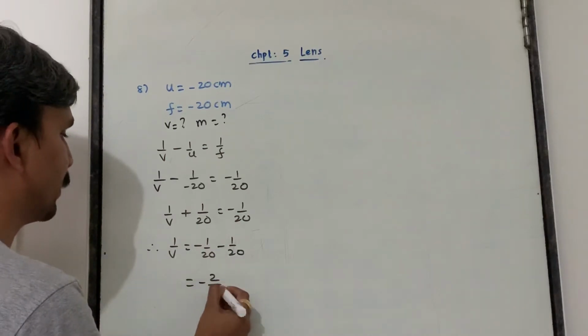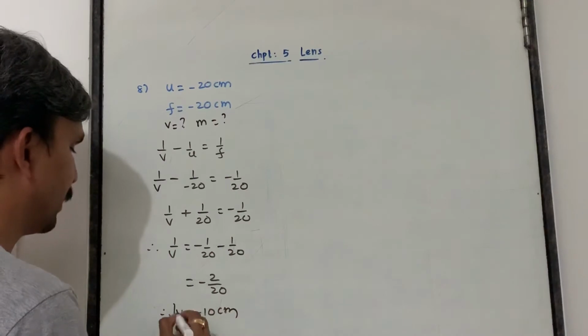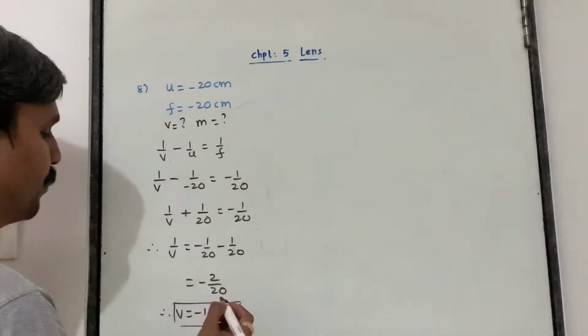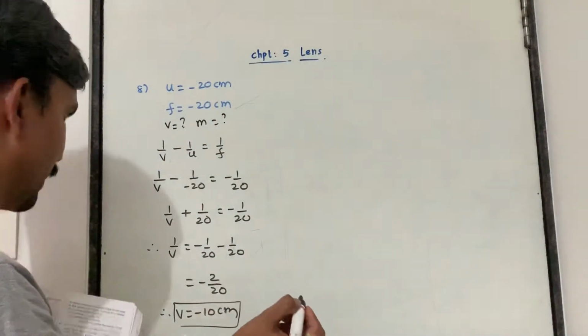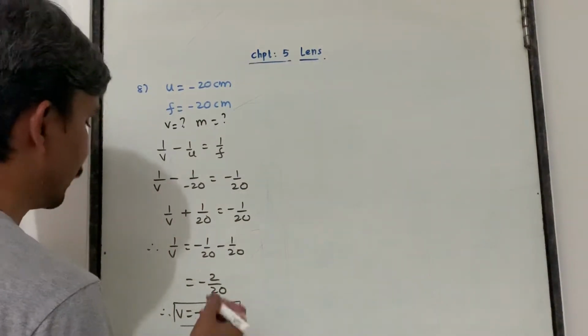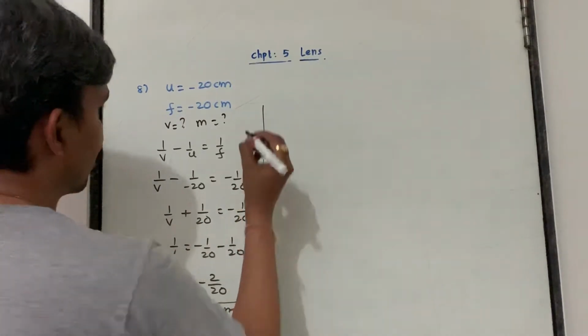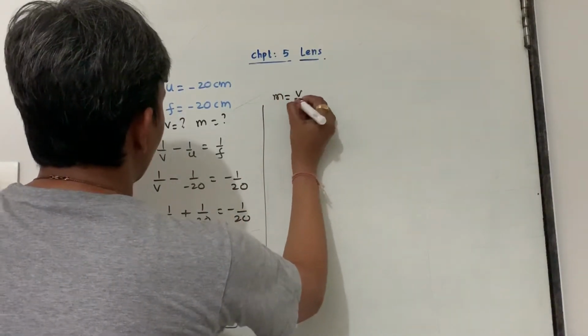That is minus 2 by 20. So v is equal to minus 10 centimeter. Right? So image is formed on the same side, 10 centimeter. So I will write here image forms 10 centimeter in front of concave lens. Now for magnification I will write m is equal to v by u.